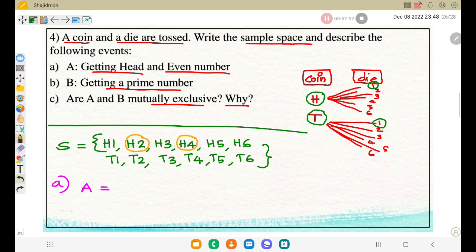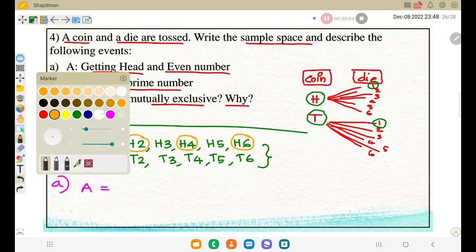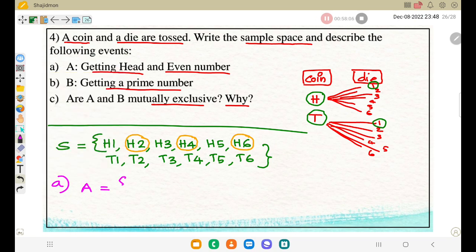H4, head and 4. H6, head and even number. Correct? So how many outcomes will we get in that event? We are getting 3 outcomes. What are the 3 outcomes? A equals H2, H4 and H6. Hope you understood. Only 3 outcomes.